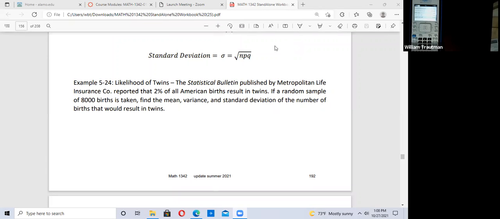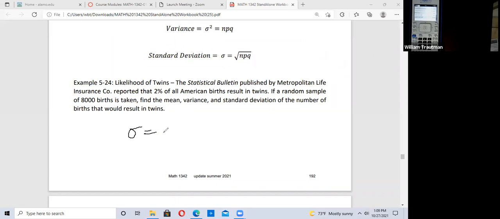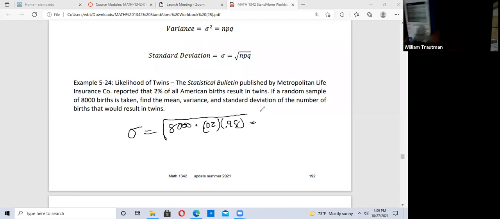So for the standard deviation, we did the square root of 8,000 times 0.02 times 0.98, and I get 12.522.